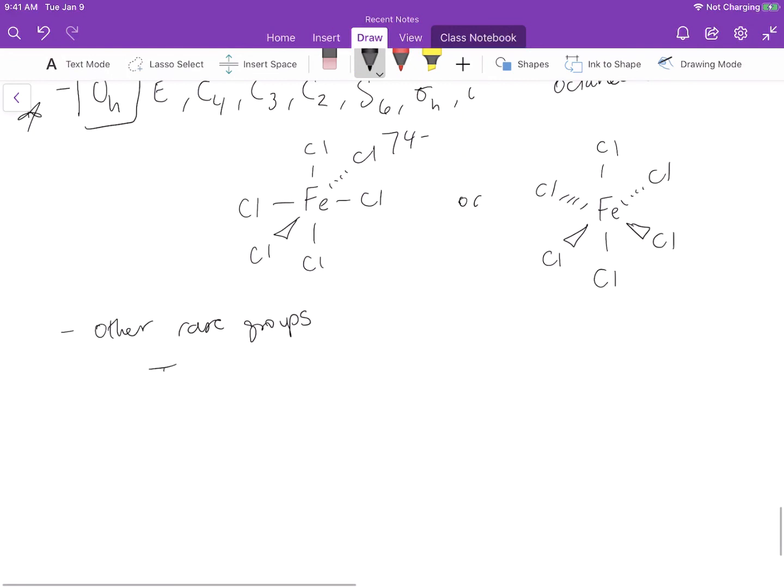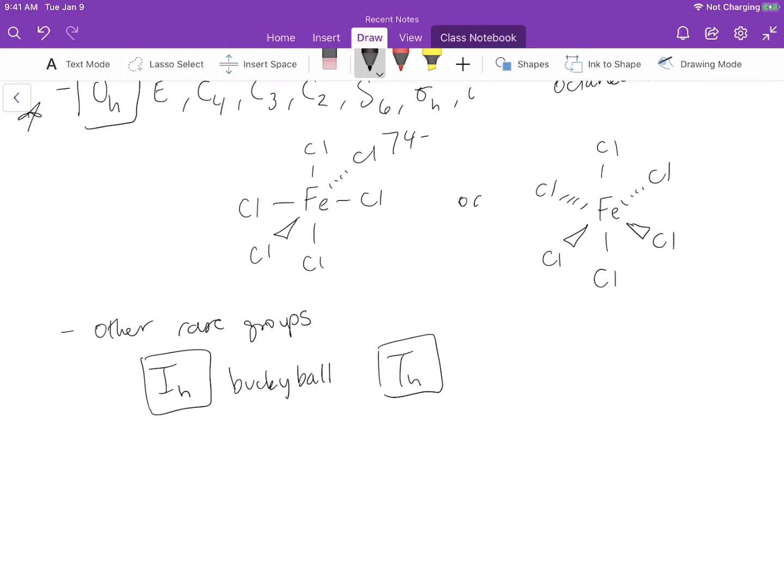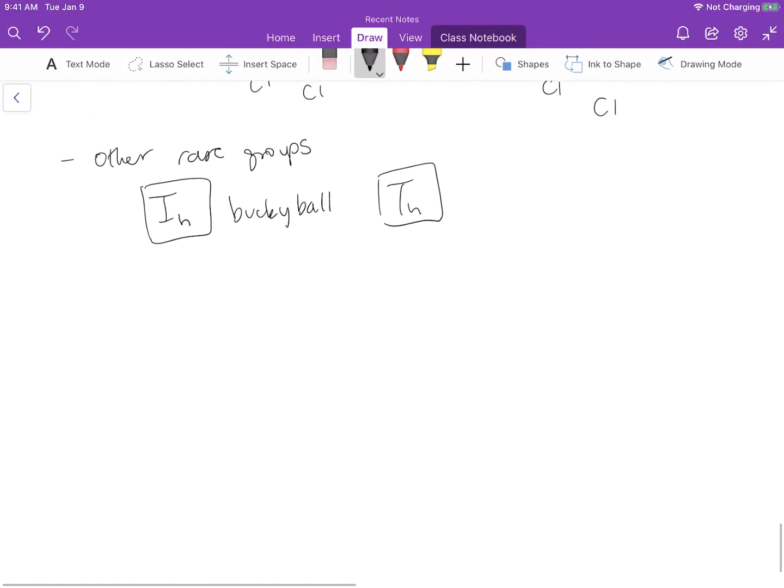For example, IH, which is the buckyball, or TH, you really won't encounter these in many situations. So again, use the Otterbein website to look at these.